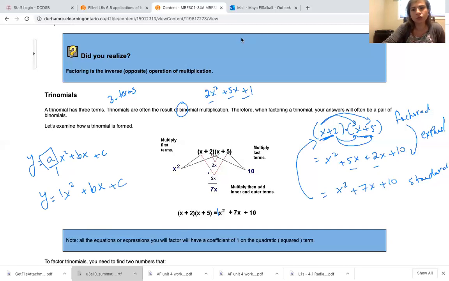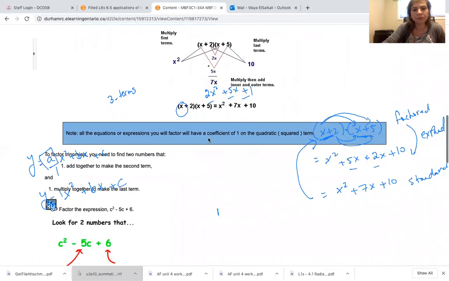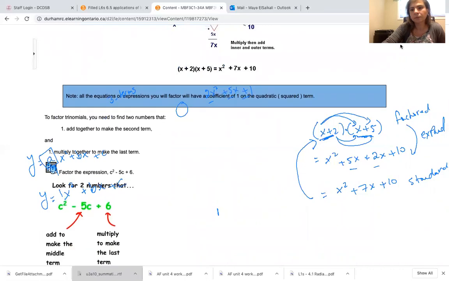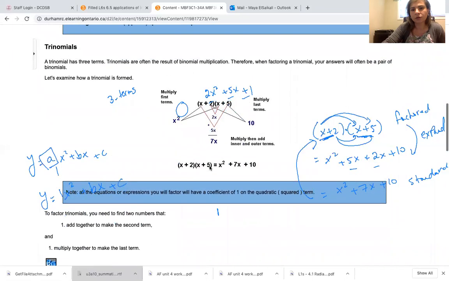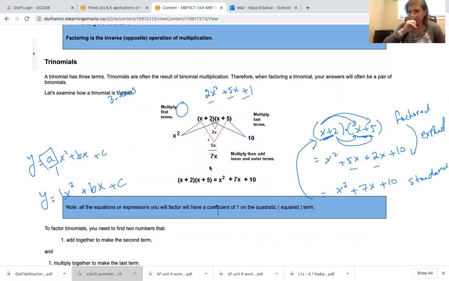All right, let's see how we do that. Before we go to that, I want to ask you a question. In the factored form, I had x plus 2 times x plus 5, and then I ended up with x squared plus 7x plus 10.